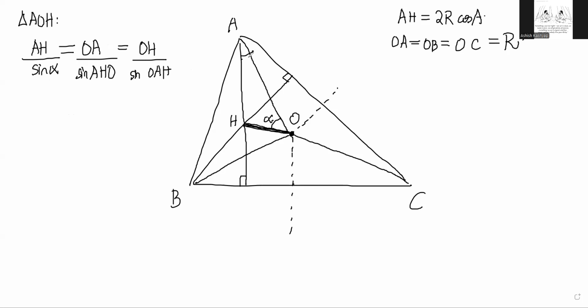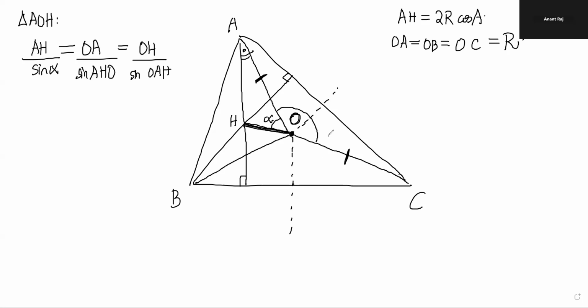Now think about it. This angle can be found easily. Why? Because if you think about it, AOC is an isosceles triangle, and O is the circumcenter, so the angle AOC will be 2B.